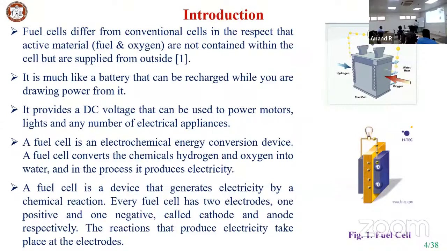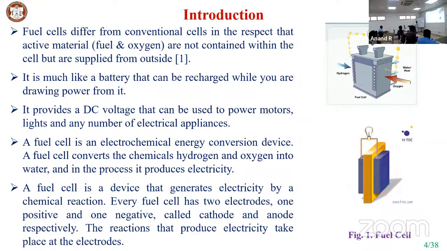A fuel cell contains important components like electrodes: anode, cathode, electrolyte. Then in some types of fuel cell we have the gas diffusion layer.